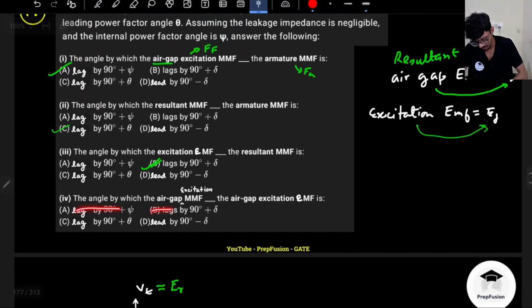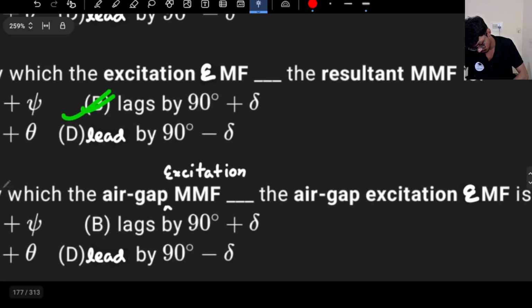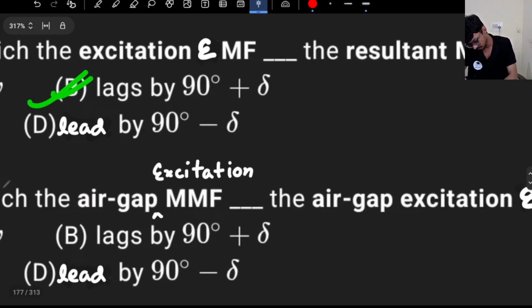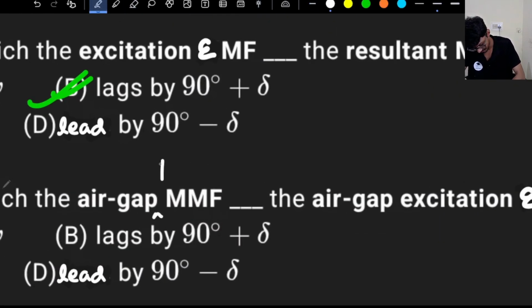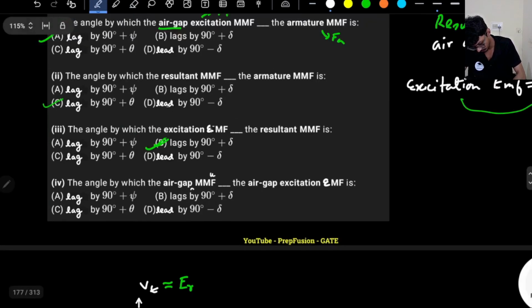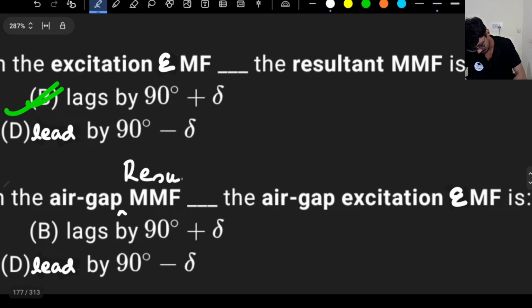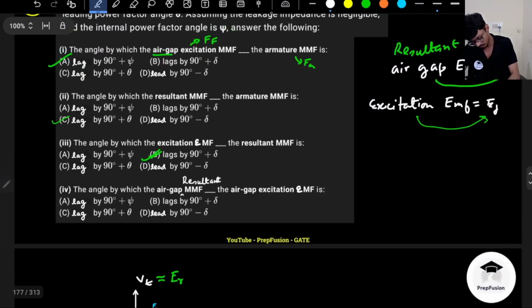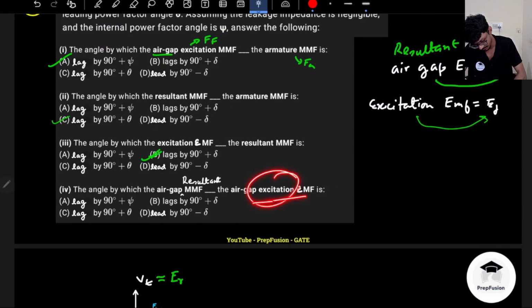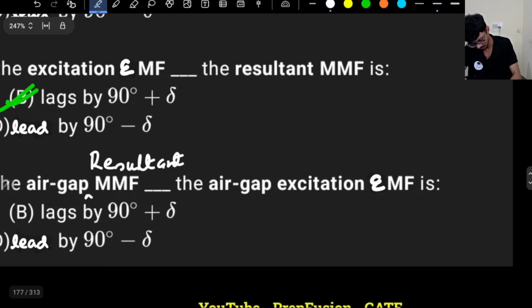The angle by which air gap excitation MMF and the air gap... sorry, this should be air gap resultant MMF, not excitation. Resultant MMF, this we have already done. Oh no, this we have not done. It should actually be resultant MMF. That's their typo. Resultant MMF and the field EMF. Okay, that is already done. Sorry, this is wrong actually.